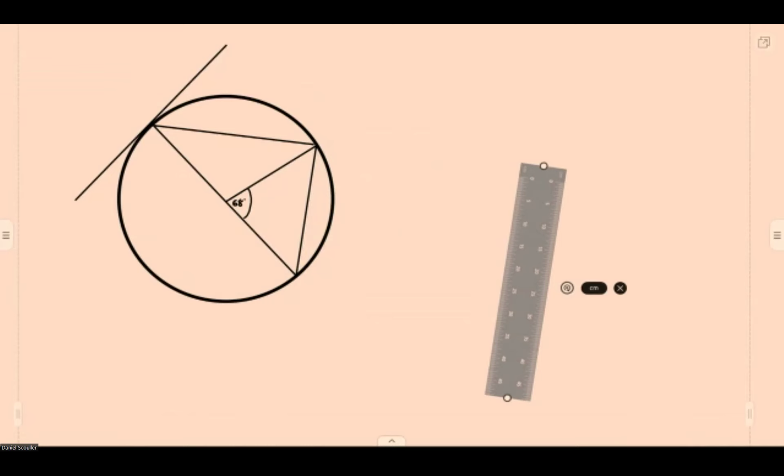And they've labelled it O for origin. They like to label that. A, B, and C.